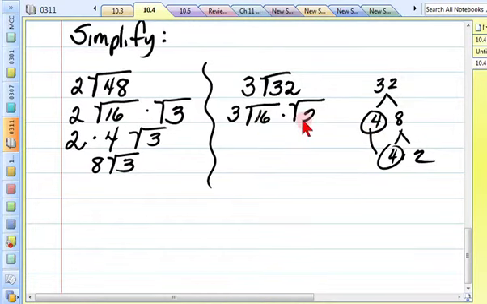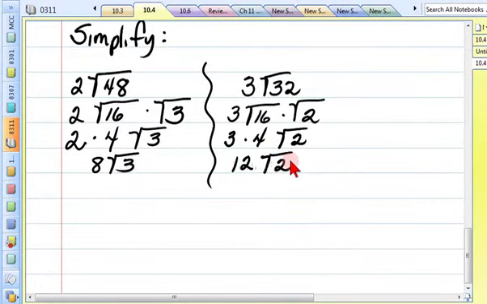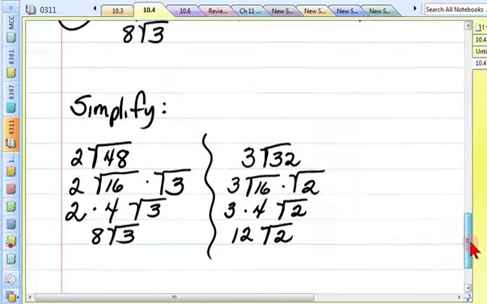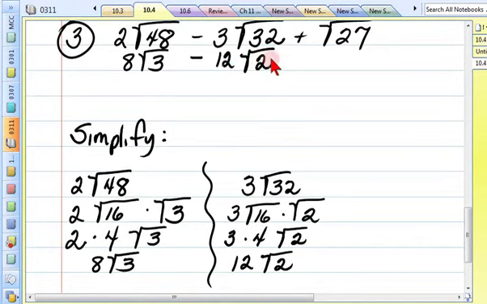So 16 times 2. So that's going to be 3 times 4 times the square root of 2, or 12 times the square root of 2. So it's minus 12 times the square root of 2.